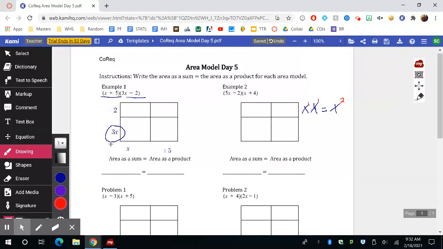Okay, so that's what we're going to do here. 3x times x. Well, I'm going to keep the 3. Actually, let me do it with the equation form. 3x to the second power.